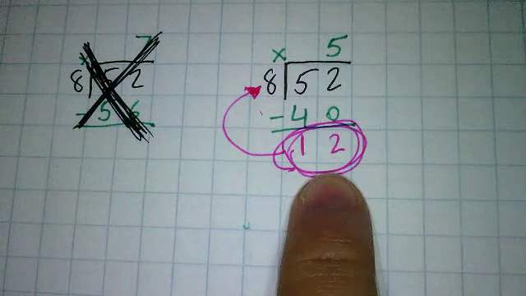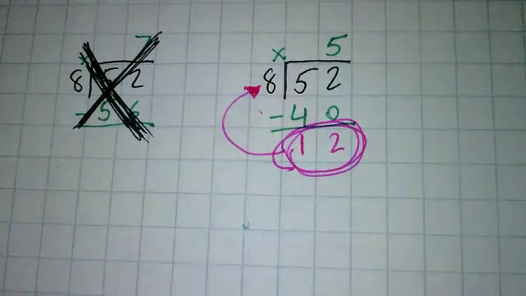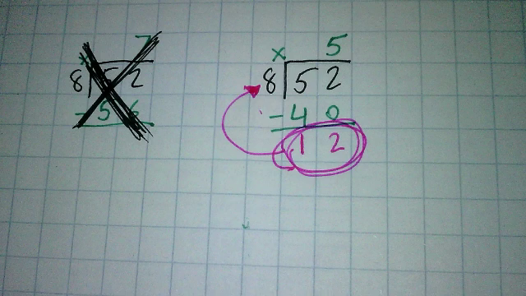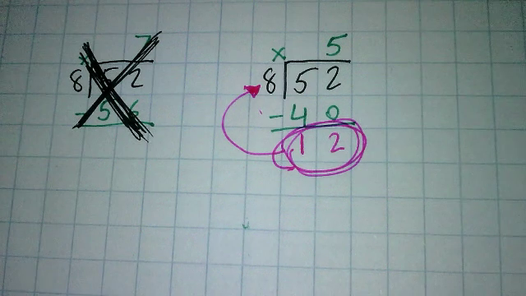So if my remainder is bigger than the number I'm dividing by, does anyone remember what number that's called? Dividend or divisor? Are you confident? Divisor.